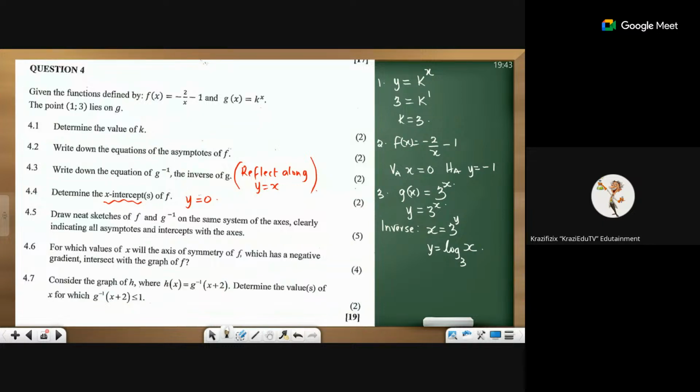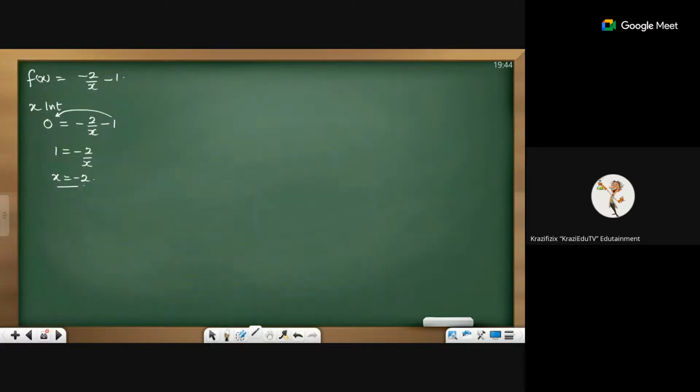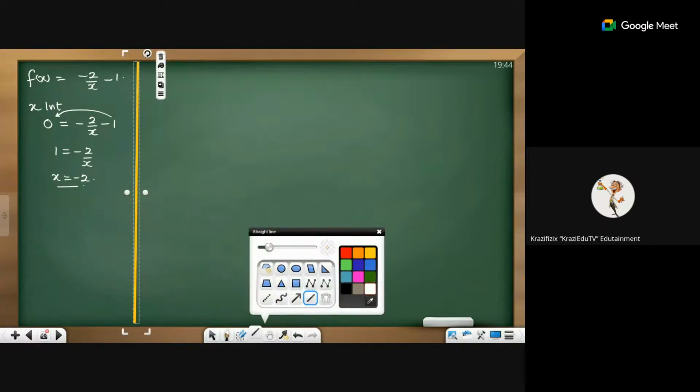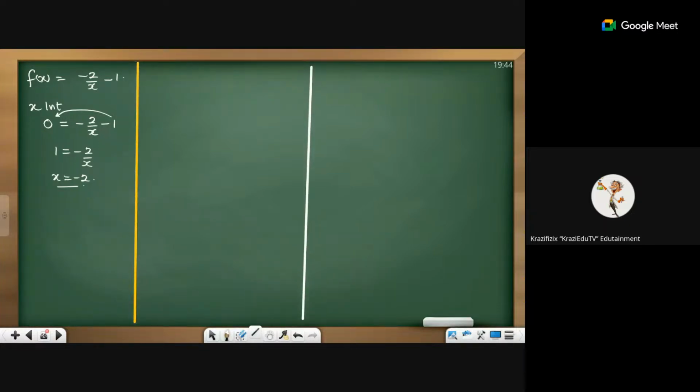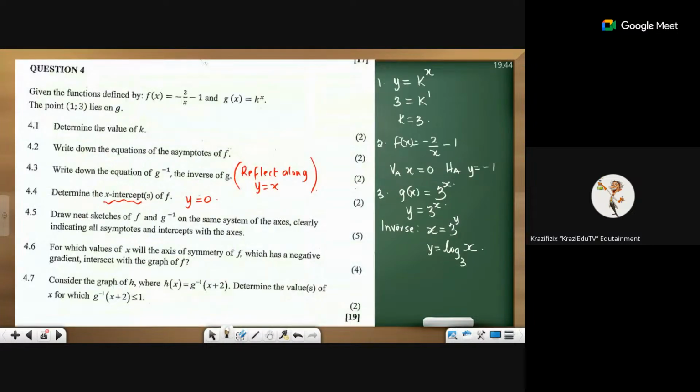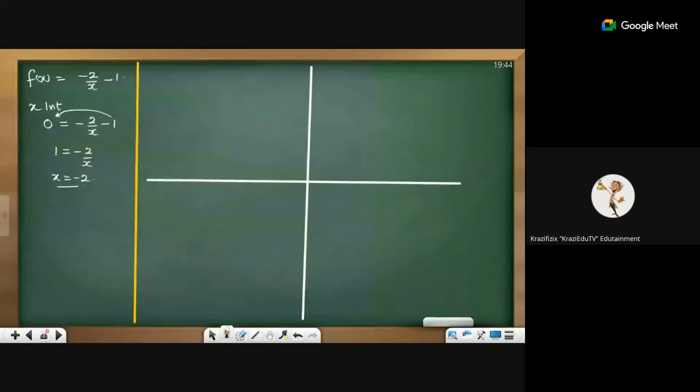What are we doing? Sketching. 5 marks. Beautiful 5 marks. Let us sketch. My dear learners, we're going to sketch both graphs on the same set of axes. Let's start with the hyperbola. Let's start from our asymptotes. Our asymptotes are x is 0, y is negative 1.